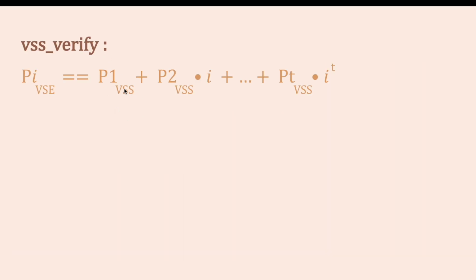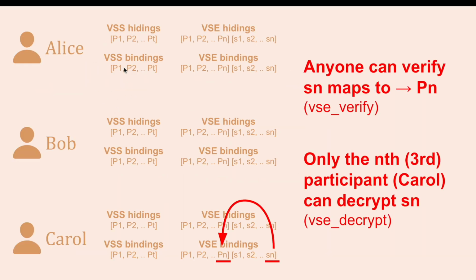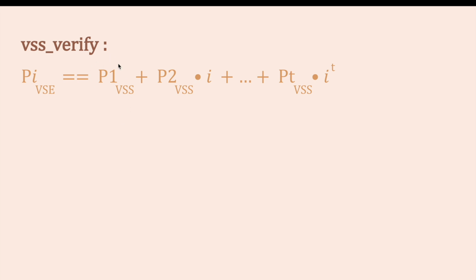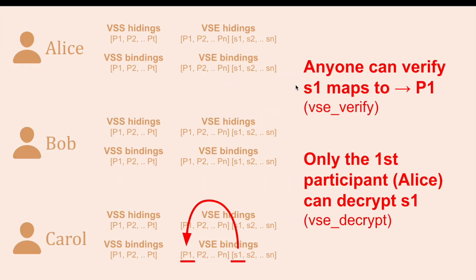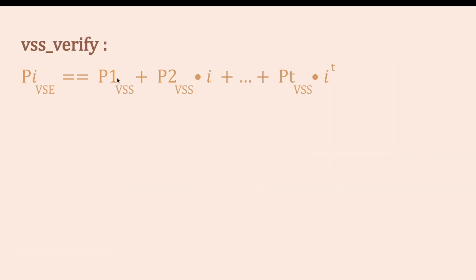So the first point of the VSS plus the second point of VSS times E, up until the last point PT, because if you remember, VSS has T points, not N, up until point T times E to the power T.